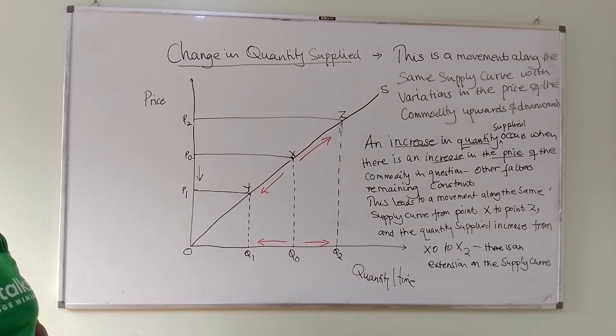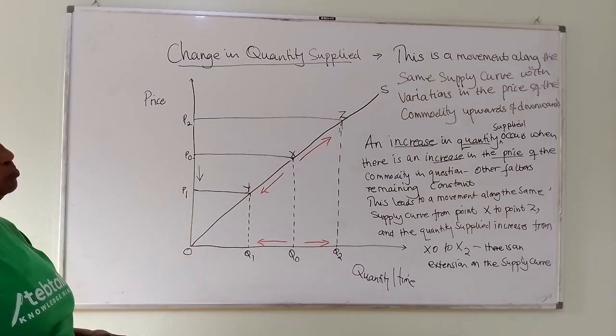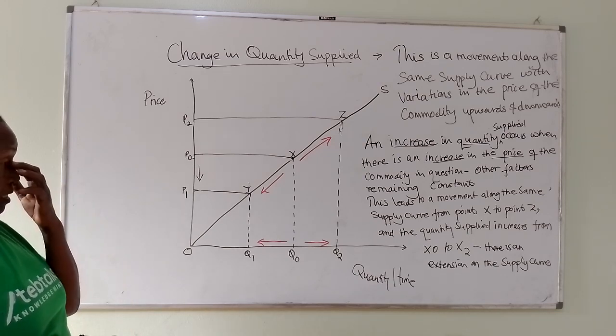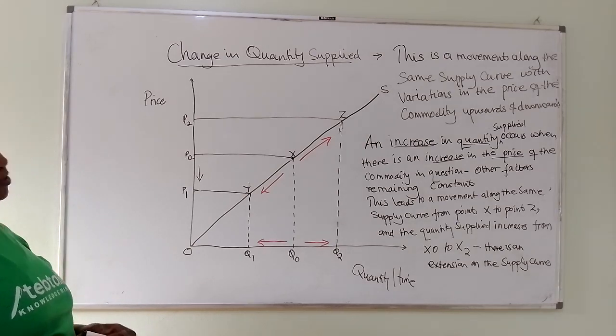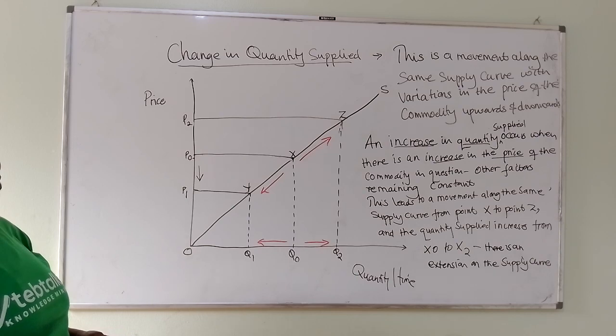In examinations, they can ask you to distinguish between a change in quantity supply and a change in supply. Now, at least you know what is meant by a change in quantity supply, which is a movement along the same supply curve, whereby the quantity either increases or decreases as a result of a change in the price of the same commodity, other factors remaining constant.